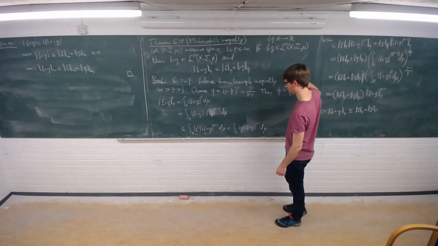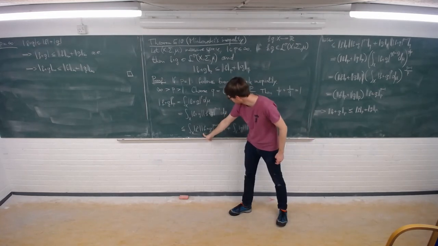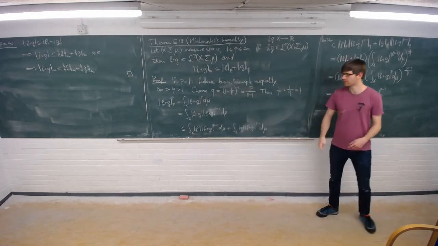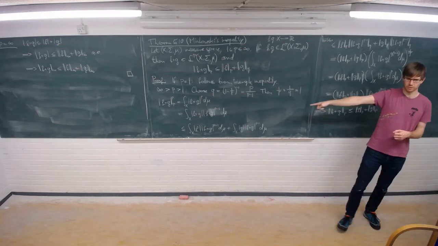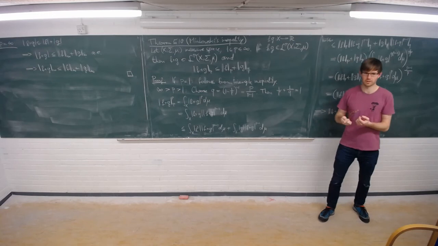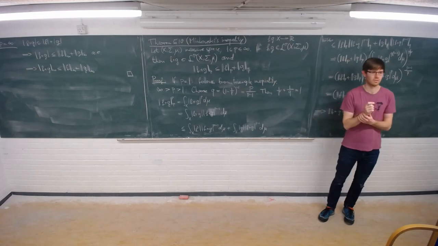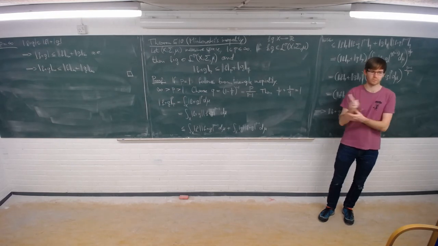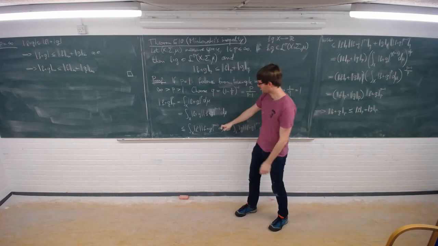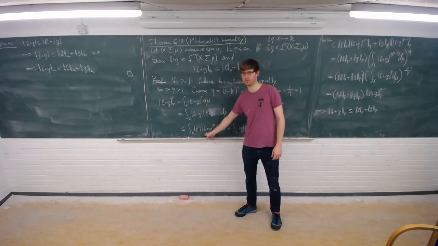So that's here. Yeah. So f plus g to the power p minus 1, this being in LQ means if I take it to the power q, then it has to be in L1. It has to be integrable. Right? But how do you know if it's in LQ? That's what I'm checking. So this being in LQ means if I raise it to the power q, it has to be integrable.